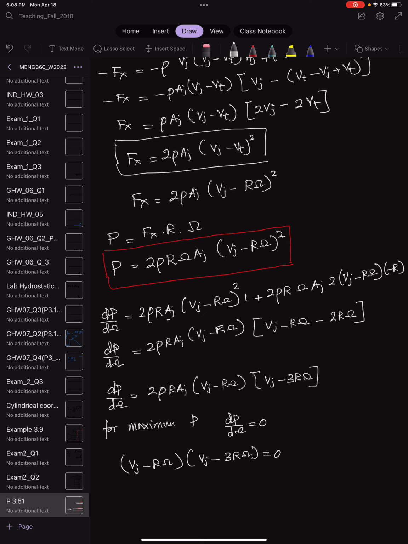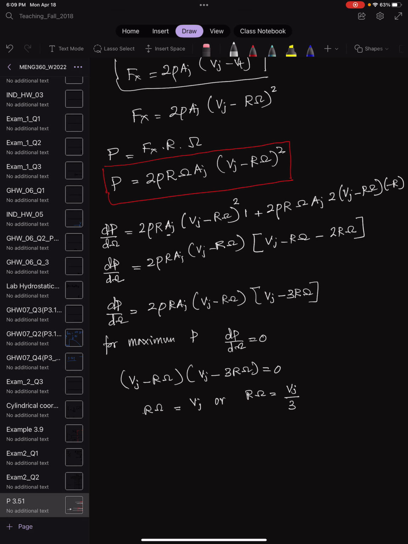It could be r omega equals vj, or r omega equals vj over 3. Now when vj equals r omega, P is 0. So it could be maximum. So this would be the value that we need to select.